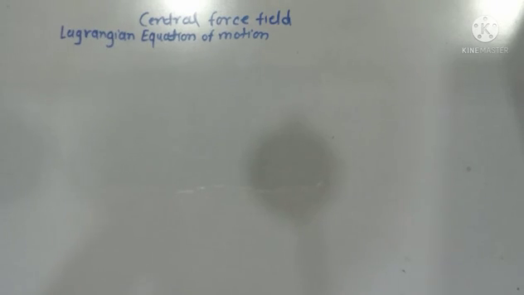So in this lecture, we are going to study the Lagrangian equation of motion of a central force field. Actually, we write the equation of motion for any field. So what is the purpose behind that?